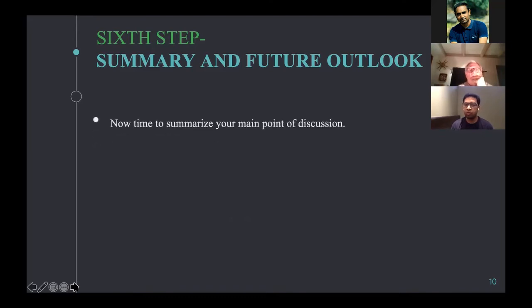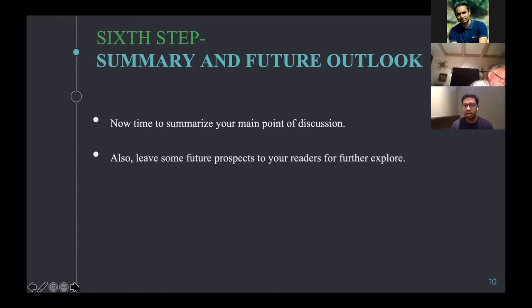The future outlook helps readers find other issues and work on other problem-solving work. So this future outlook is very important, and it is the core thing to attract more readers to your field.